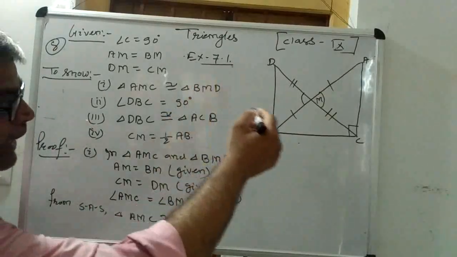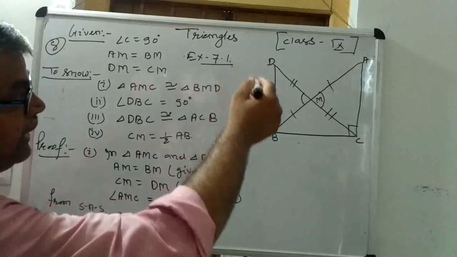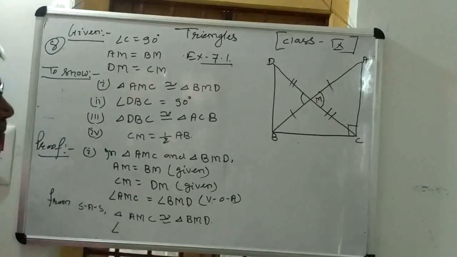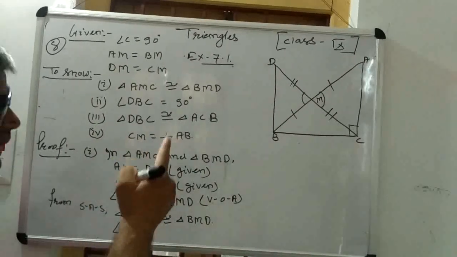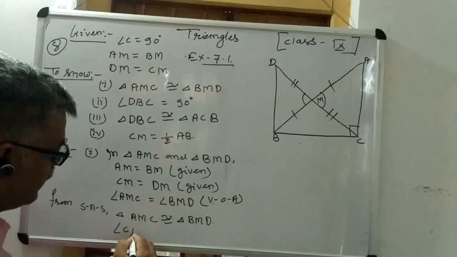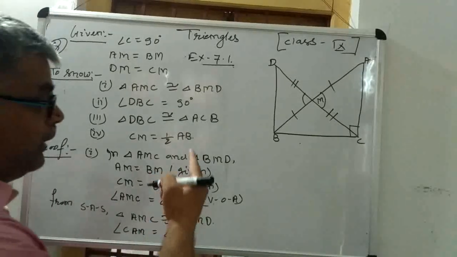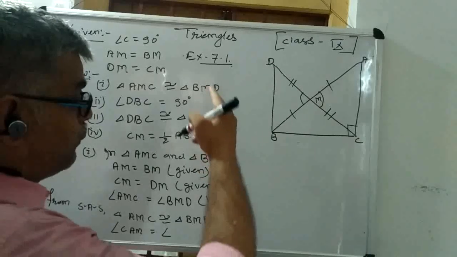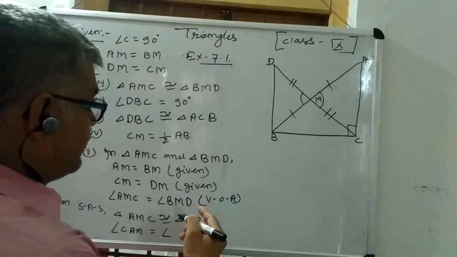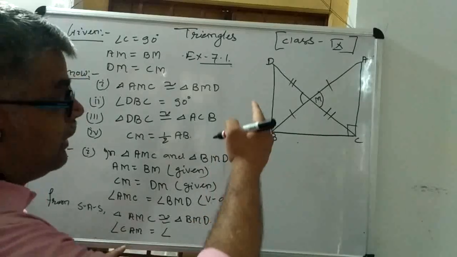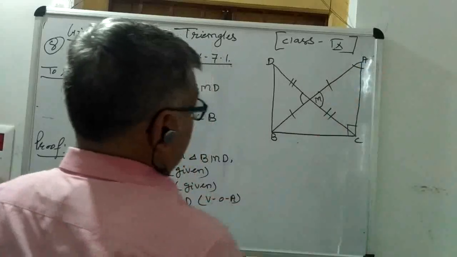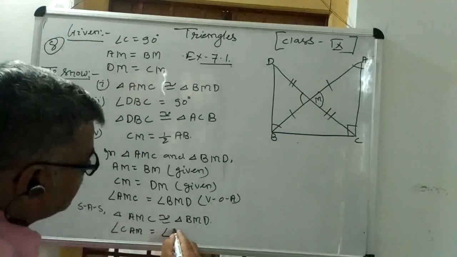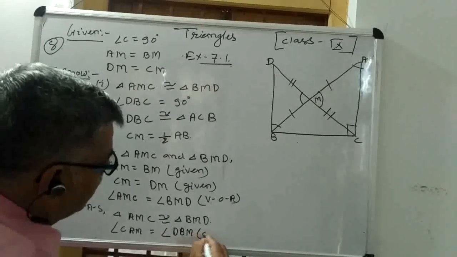Now from here, since AMC is congruent to BMD, we can conclude that angle CAM equals angle DBM, this angle, by CPCT.